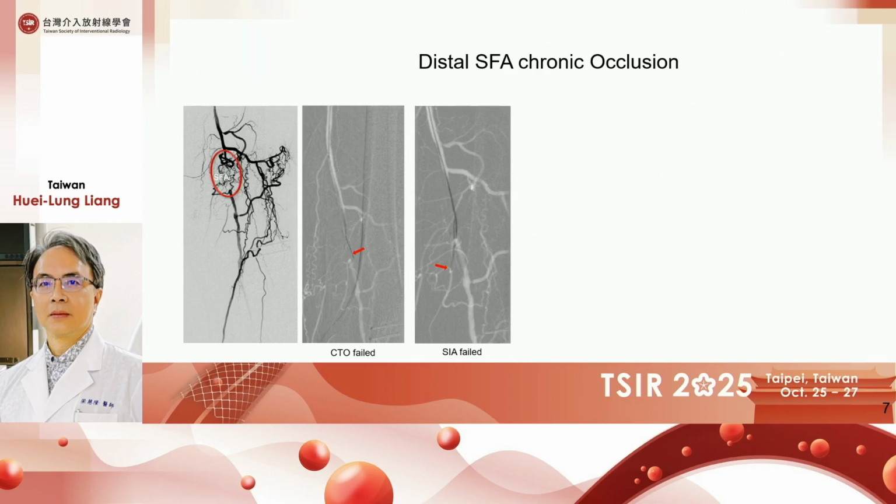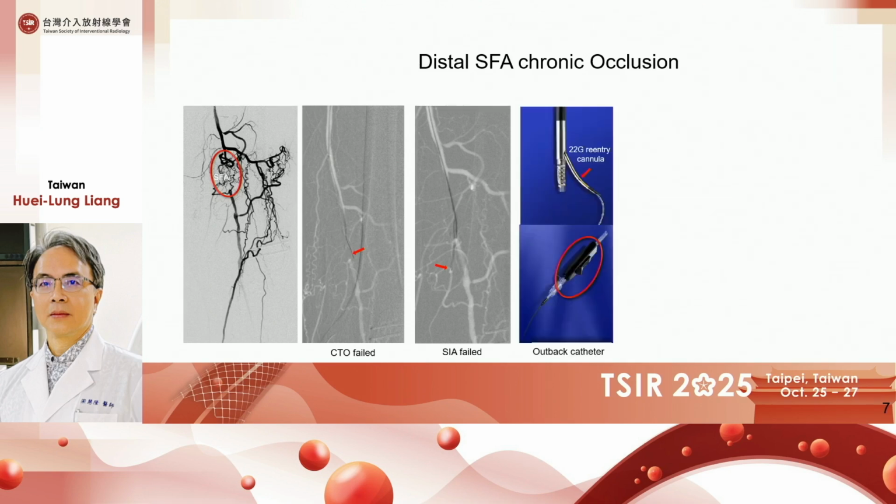This patient had a segmental chronic occlusion of the right SFA, which failed to be crossed by a CTO guide wire in intraluminal angioplasty or by spontaneous guide wire reentry via the subintimal route.